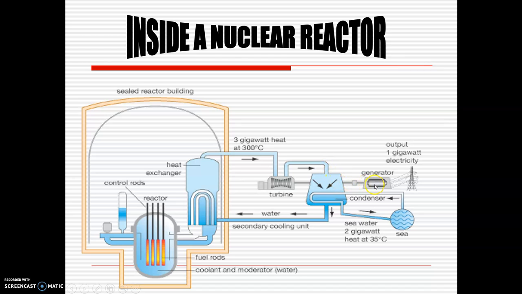The turbine then spins a generator, which produces electricity. Steam then goes back into a condenser and back into a liquid form and repeats this process over and over. This is the basic look of how it would probably look if you walked inside.